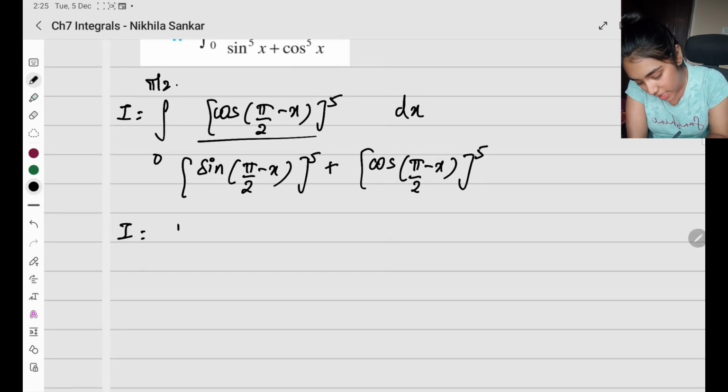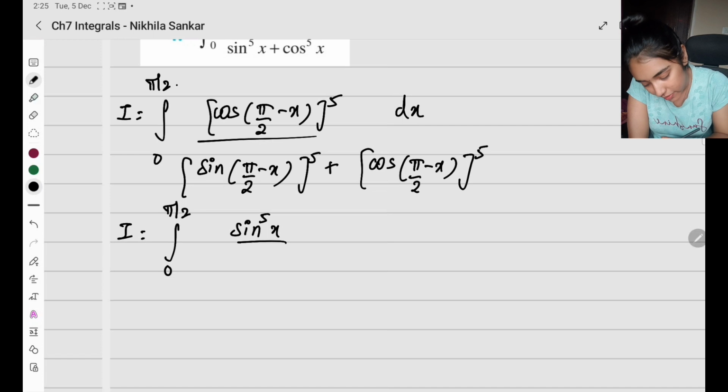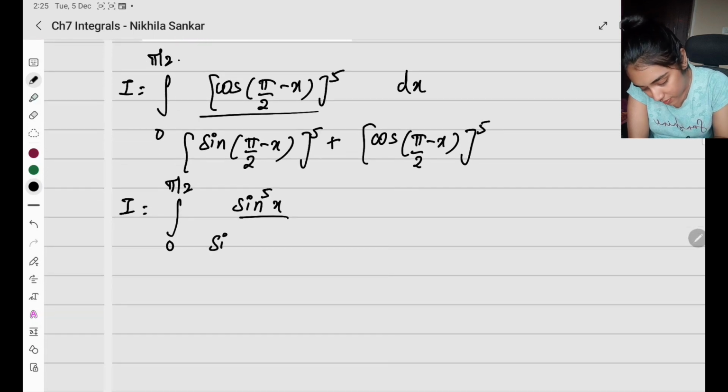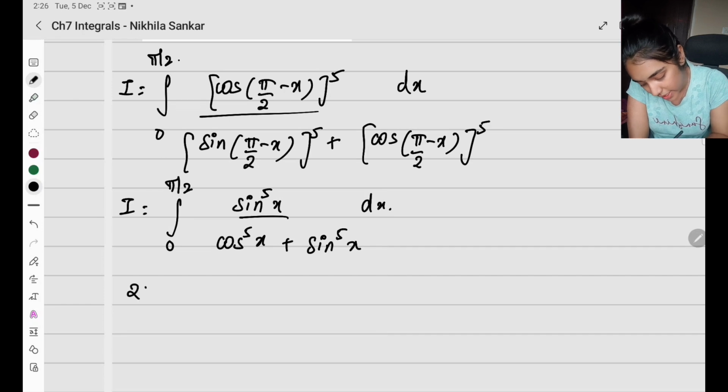So this is going to be I equals 0 to pi by 2. Cos of pi by 2 minus x is sin power 5 x. Sine of pi by 2 minus x is going to be cos power 5 x, plus this is going to be sine power 5 x times dx. So when I add the 2i, I have integral 0 to pi by 2.